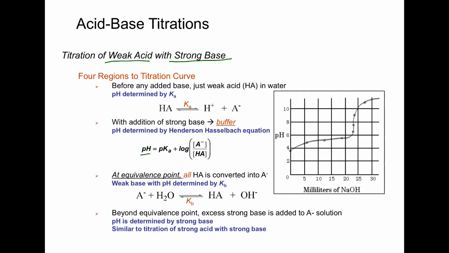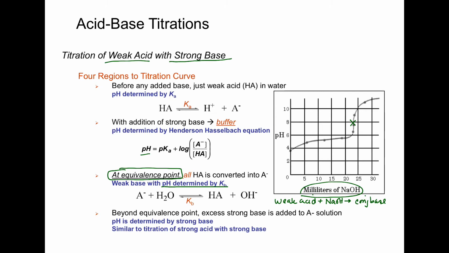When we get out of that buffer region, we've gotten to the place where all of the weak acid has been neutralized by the amount of strong base that we've added. So that's the point that we call the equivalence point, and the pH is determined by what the products are. So when our weak acid has been totally neutralized by our strong base, it's made the conjugate base.